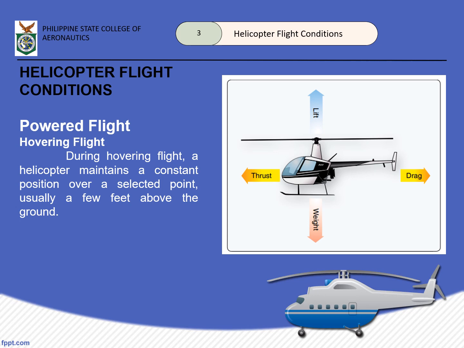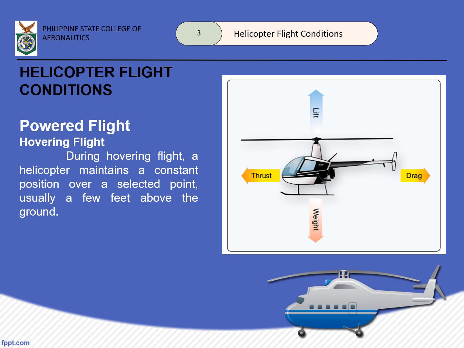And second, yung ating throttle, if not governor controlled, is used to control revolutions per minute, RPM natin. And our collective is used to maintain syempre yung ating altitude, and yung pedals natin are used to control nose direction or heading.